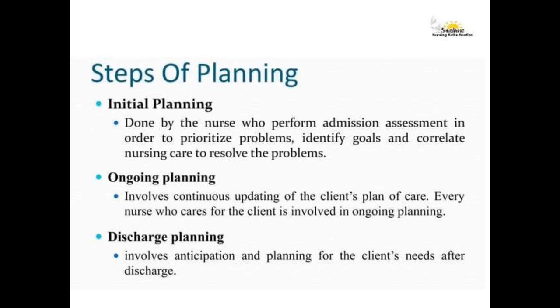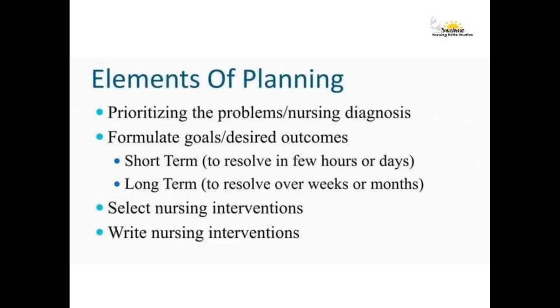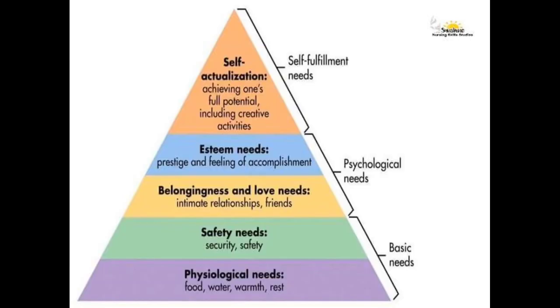When we are planning, we should think about the basic needs of the patient first. We need to prioritize, that is, which is important, which is least important, which is very much important. So based on that, we need to plan for the treatment for the patient. Based on this hierarchy, it says the basic needs, psychological needs, and self-fulfillment needs. So based on this criteria, we need to plan for the patient.